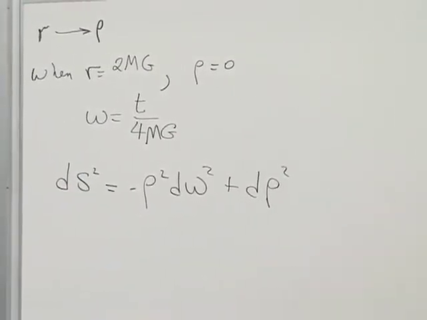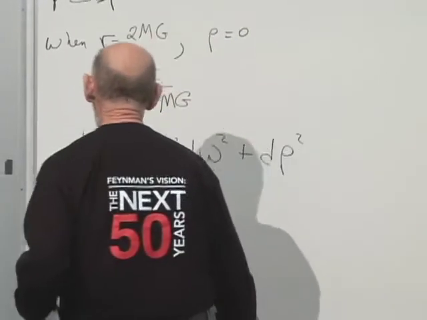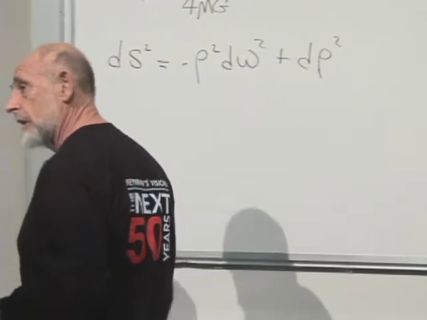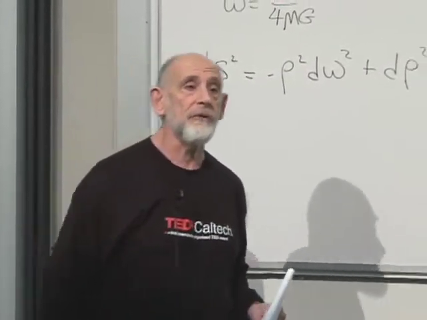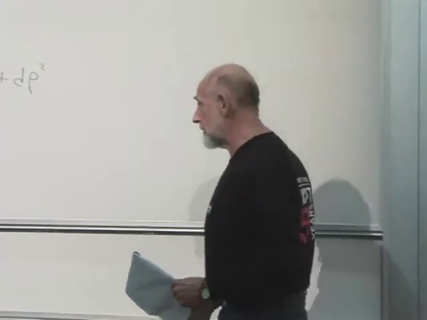And then I pointed out to you that this metric is very, very similar to the metric of ordinary flat space, conventional flat space, the surface of this table here, in polar coordinates.